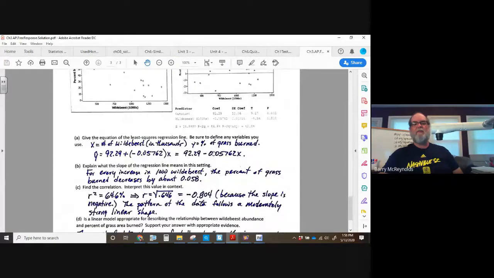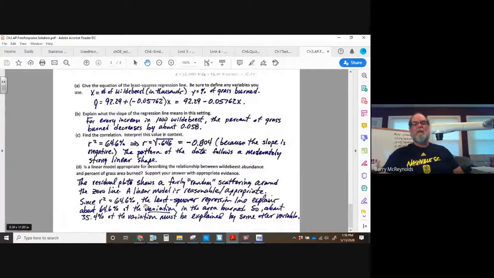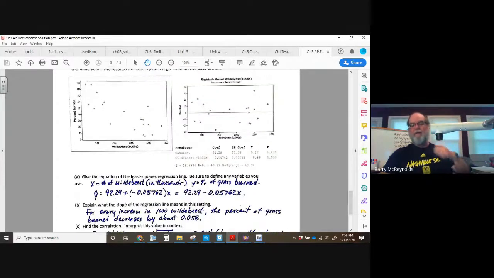And so what that says is, since R squared is high, the least square regression line explains about 64.6% of the variation, not percent of the data, but variation in the area burned. So about 35% must be explained by some other variable. So a value like R squared of 64.6, that's a big number. And so to find out where this other 35% is, we might go looking for other variables.